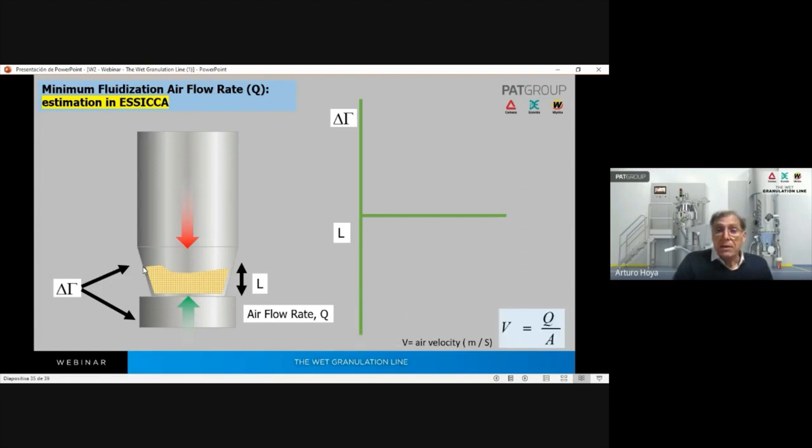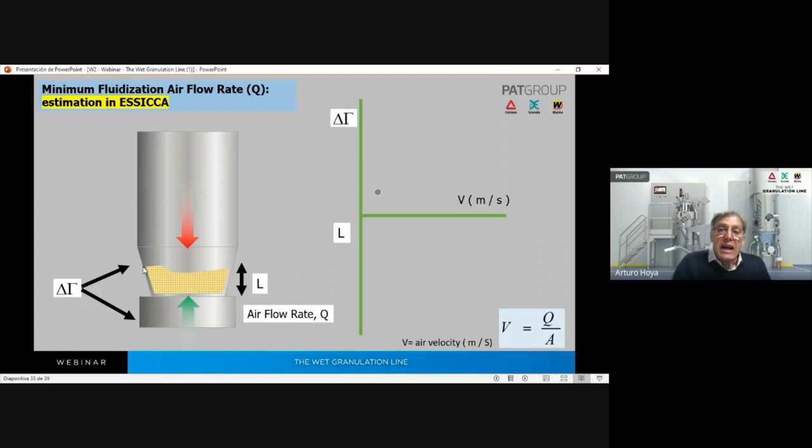Here, the airflow is expressed in meters per second, but the conversion is the same. And what we can see is this.